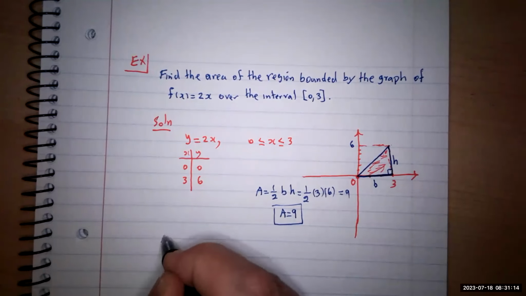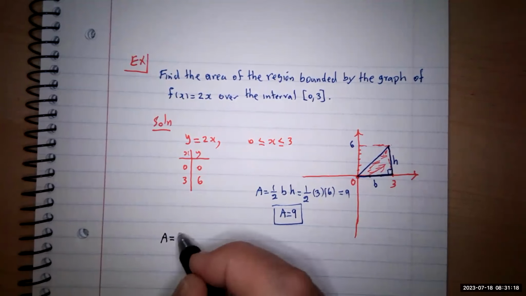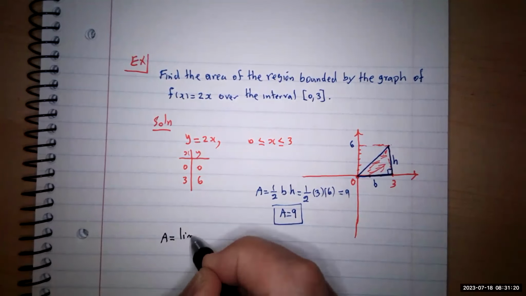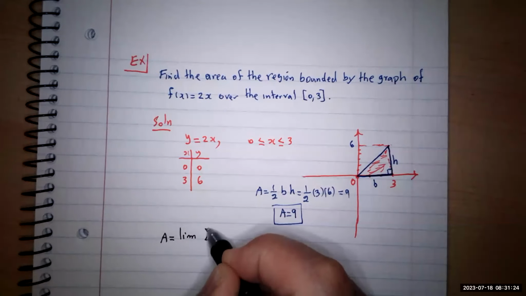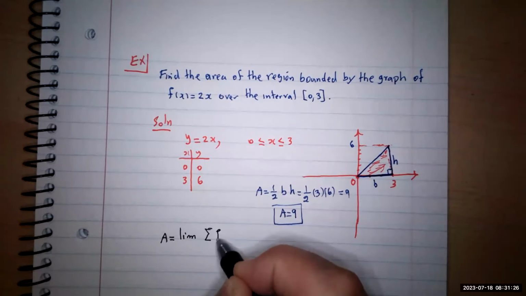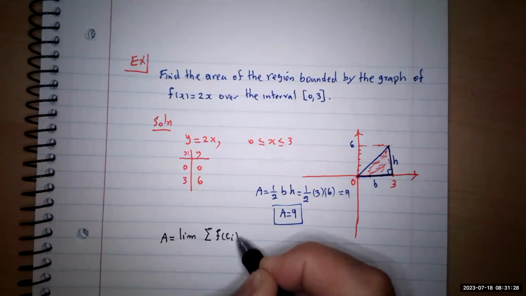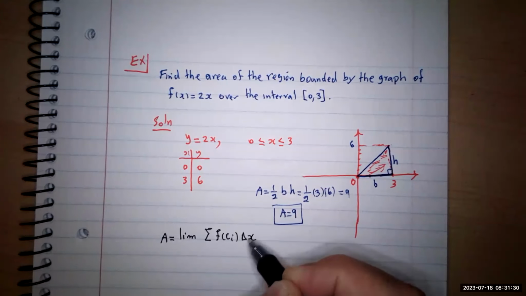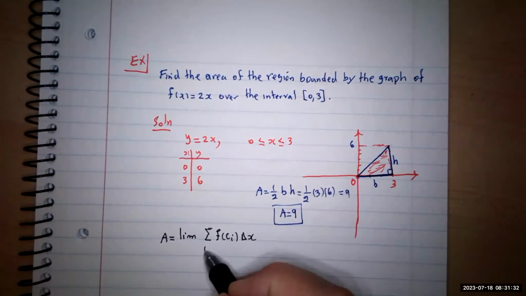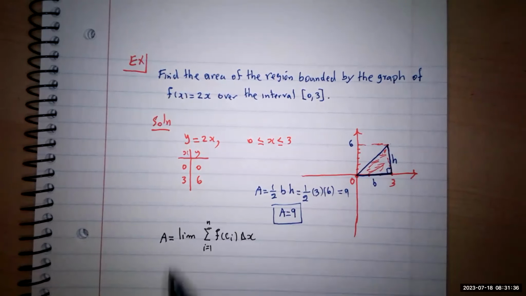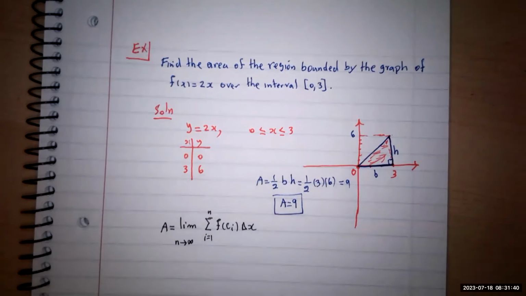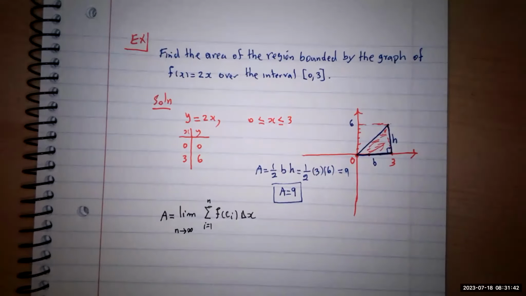So the area is going to be equal to the limit of the sigma of f of c_i times delta x, i from 1 to n, as n goes to infinity. This is going to be the case.